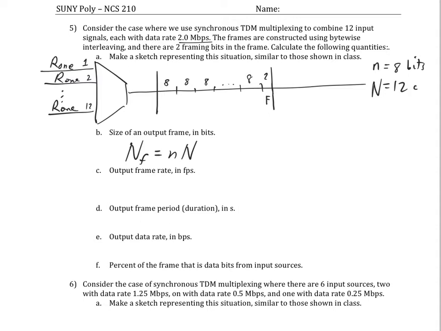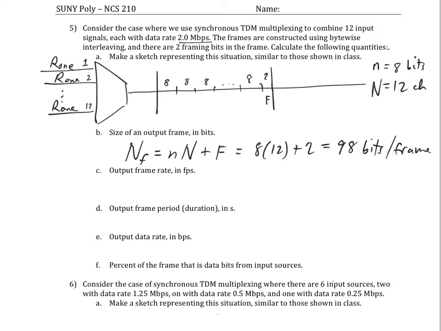And the total number in the frame is 8 times 12 plus the number of framing bits. And here we have 8 times 12 plus 2. 8 times 12 is 96, plus 2 is 98 bits per frame.